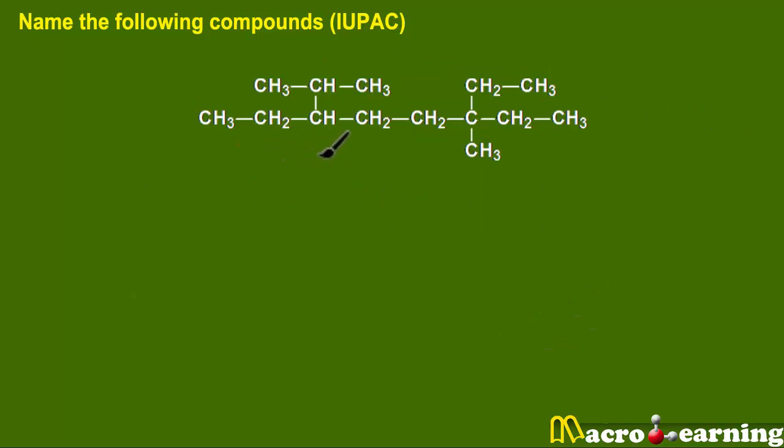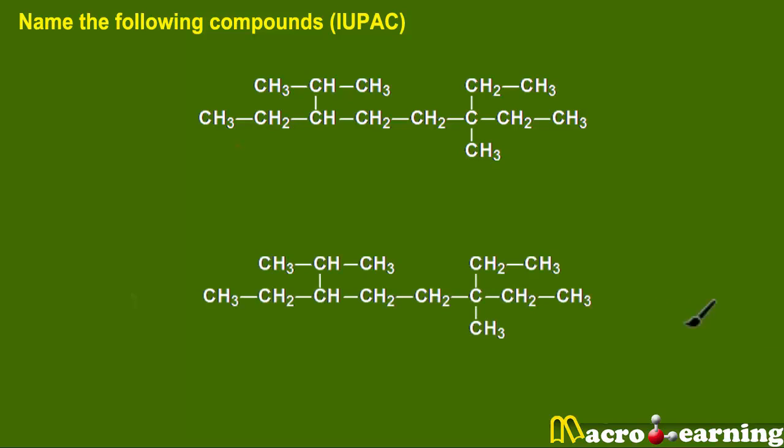Okay, the last one in this video. Let's pick the main chain. Well, actually, I think there is more than one possibility for the main chain. Let me show a copy of the same structure.